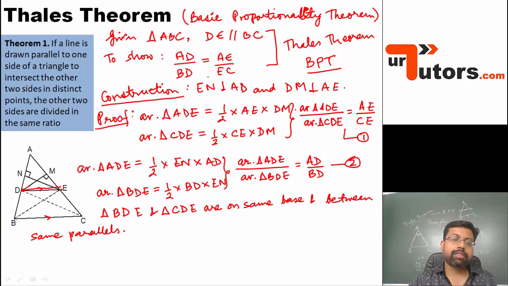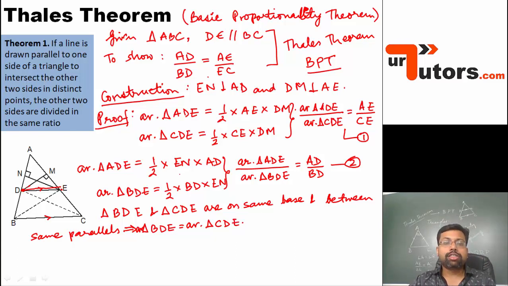The base is the same, the base is DE, and they are between the two parallel lines DE and BC, which will imply that area of triangle BDE is equal to area of triangle CDE, because they lie on the same base and between the same two parallels. Now when these two areas are equal, what do we infer from these three equations?